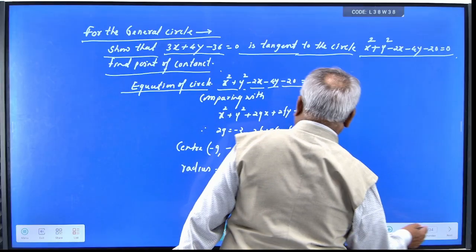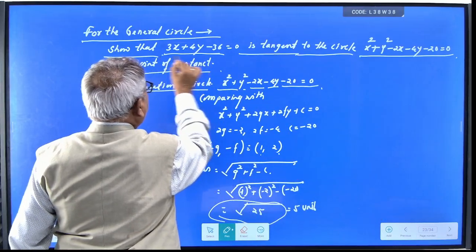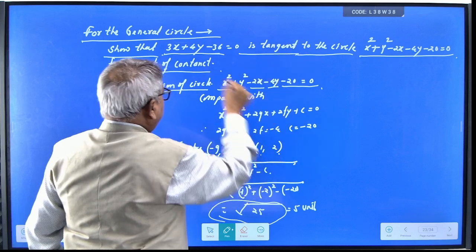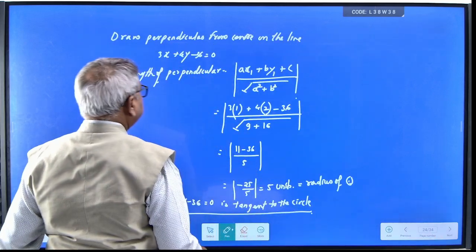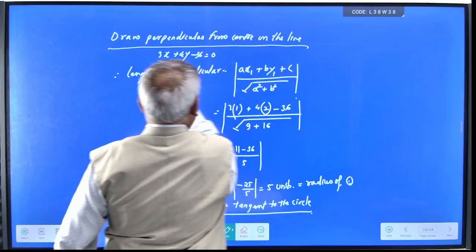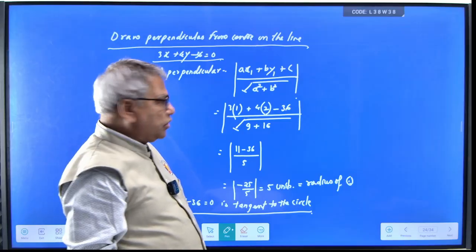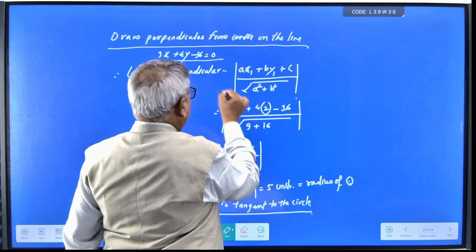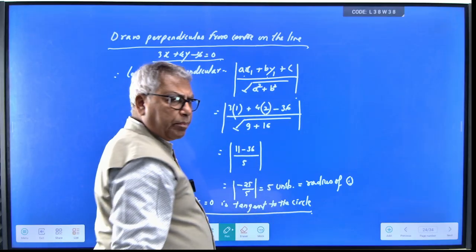Now we shall draw the perpendicular from the center on this line. Listen here. Draw the perpendicular from the center on the line 3x plus 4y minus 36 equal to 0, right? So the length of the perpendicular formula is ax1 plus by1 plus c upon root of a square plus b square.